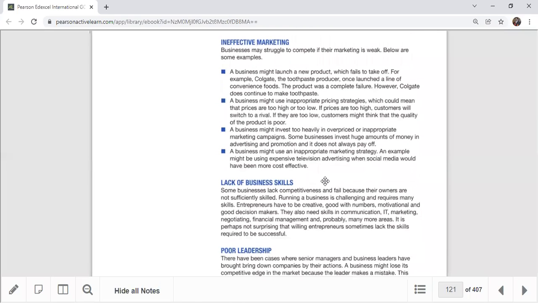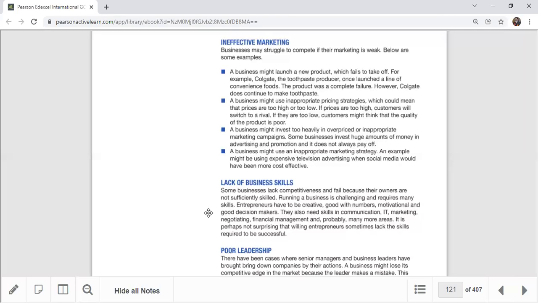Sometimes the entrepreneur, manager, or CEO of your business organization does not have the required skills. That will be the main reason for business failure: you must have the right skills. Some businesses lack competitiveness and fail because their owners are not sufficiently skilled. Running a business is challenging and requires many skills. Entrepreneurs have to be creative and good with numbers.